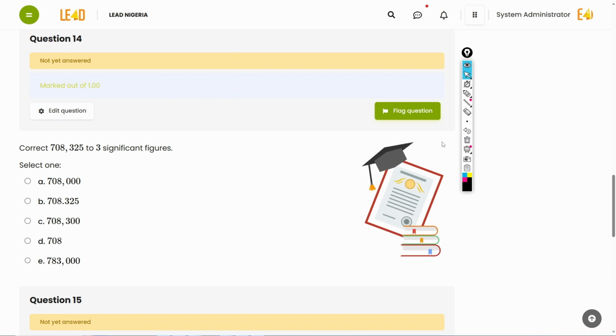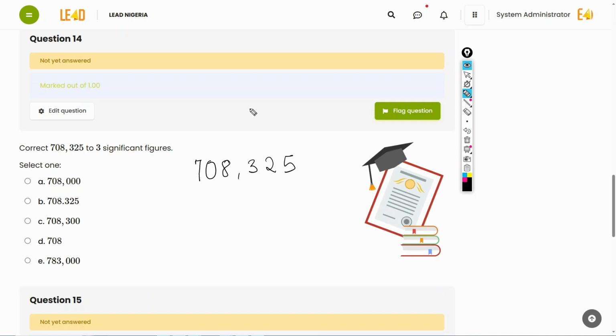Question 14. Correct 708325 to three significant figures.